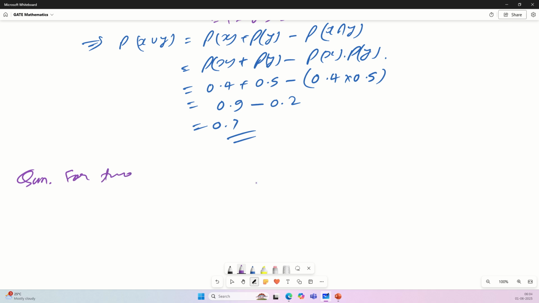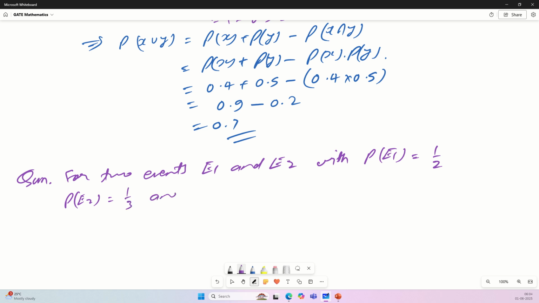For two events E1 and E2 with probability of E1 equal to 1 by 2, probability of E2 equal to 1 by 3, and probability of E1 intersection E2 equal to 1 by 5.